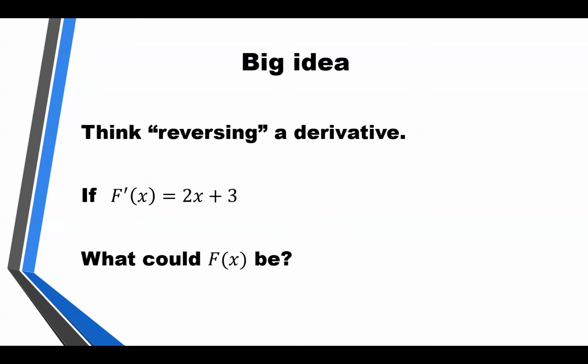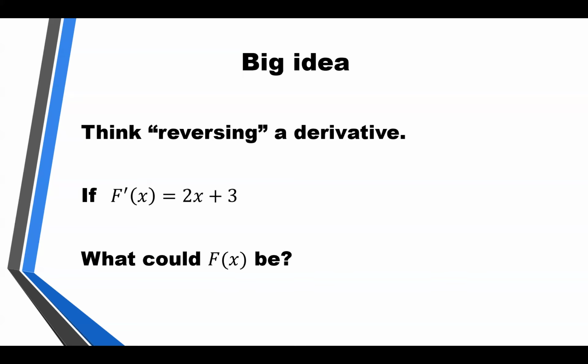So the big idea here is that when I'm doing an antiderivative, I am reversing a derivative. If you don't know what a derivative is, then go back to Calc 1 and look at those types of things. But let's assume we have the derivative of a function as 2x plus 3.